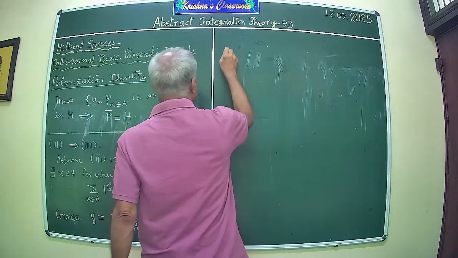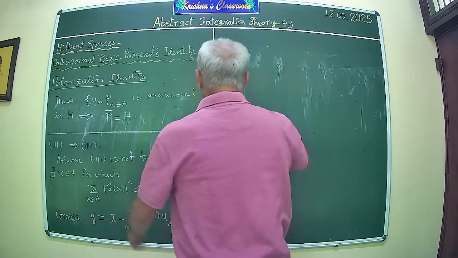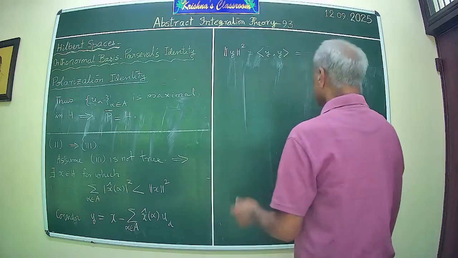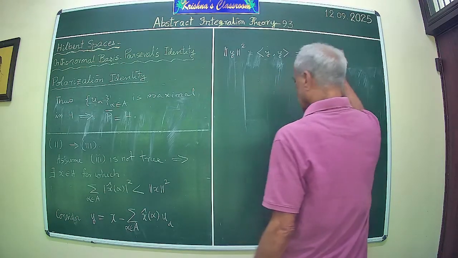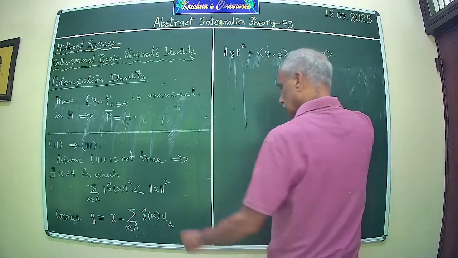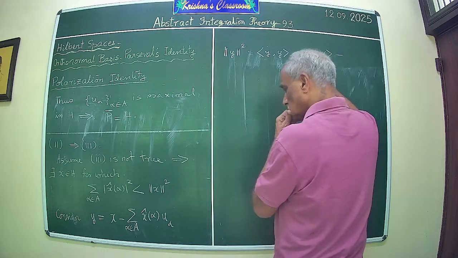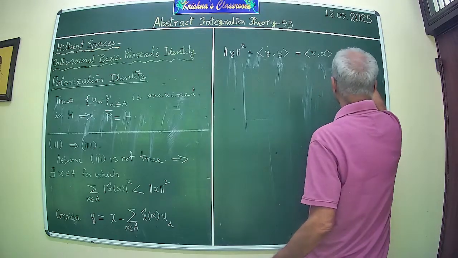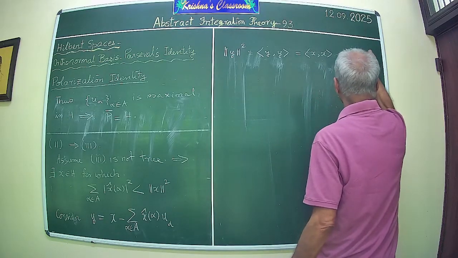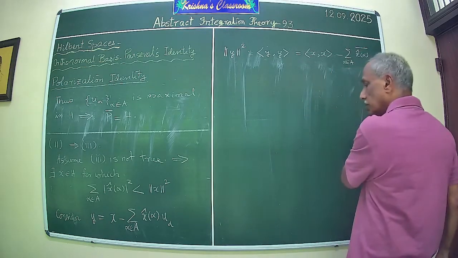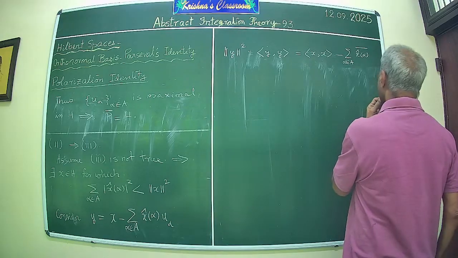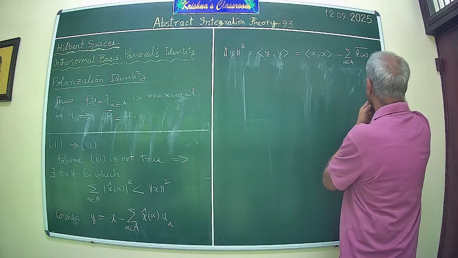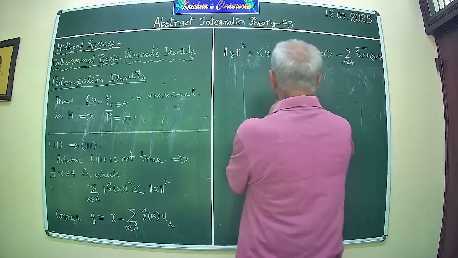Norm of y squared is the inner product of y with y, which turns out to be the inner product of x with x minus the terms with conjugates.